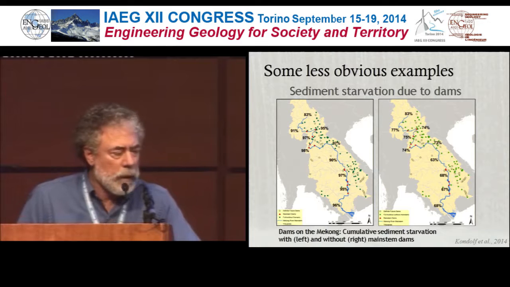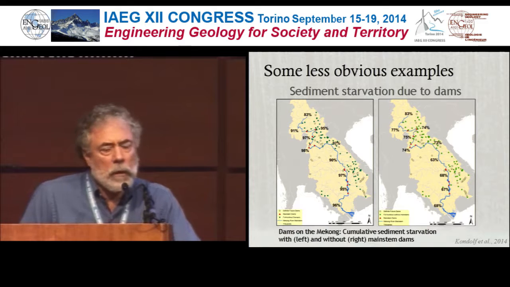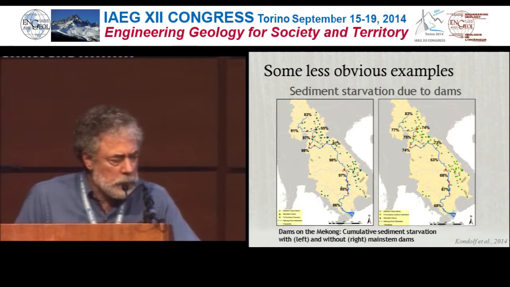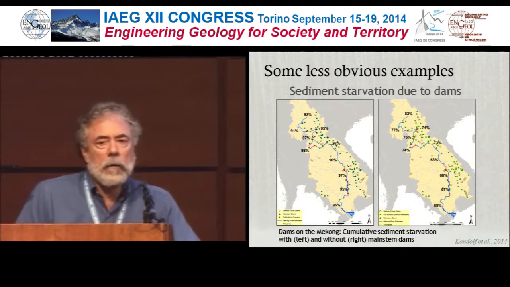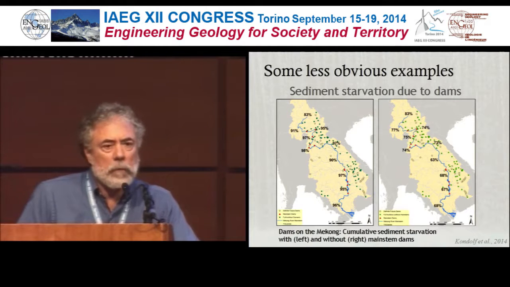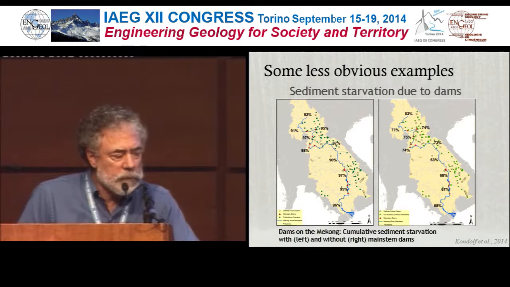So the numbers on this graph indicate cumulative sediment starvation at present, and if the entire complex of dams is built into the future. And so this is a kind of cumulative effect of management that is affecting fundamental fluxes of material such as sediment through large river systems.